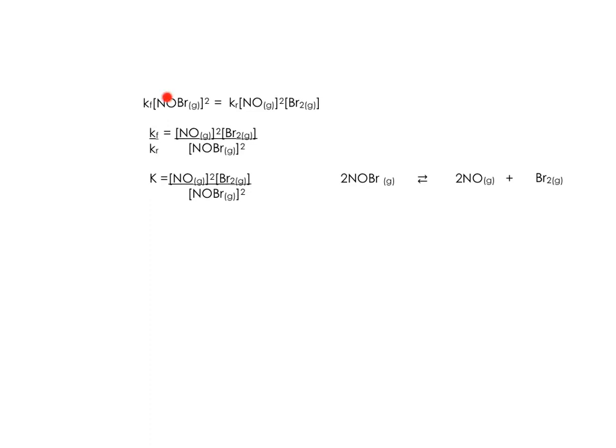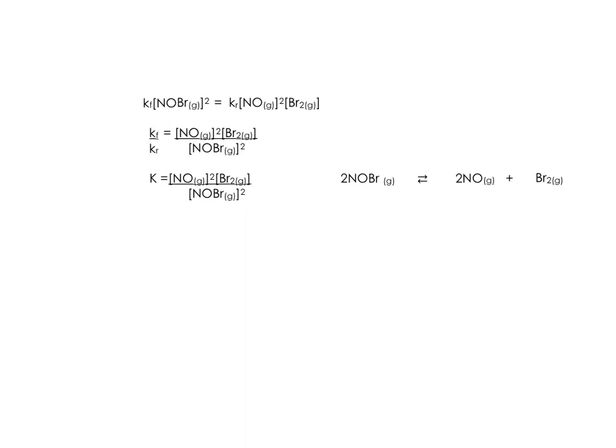In order to move this over, we would have to divide, so it ends up in the denominator over here. And so now we have Kf over Kr is equal to NO to the second order Br2 to the first order over NOBr to the second order.